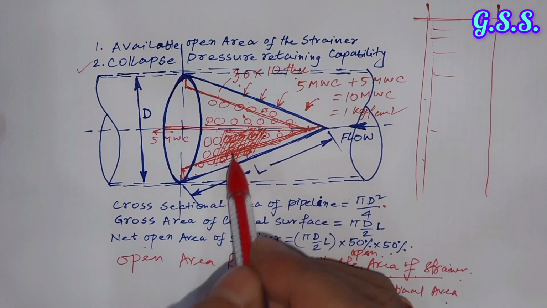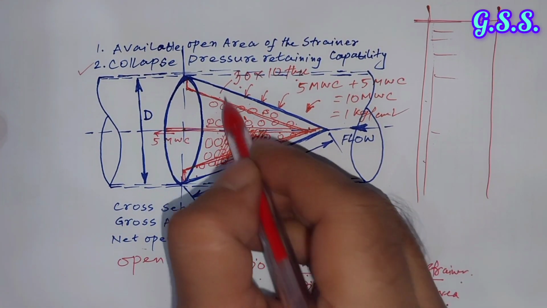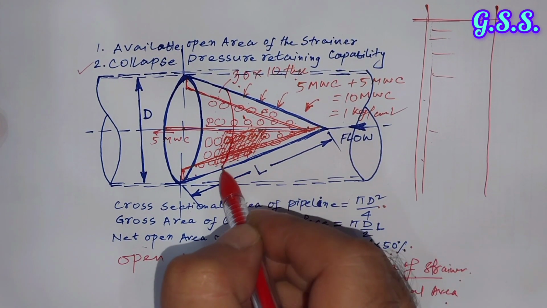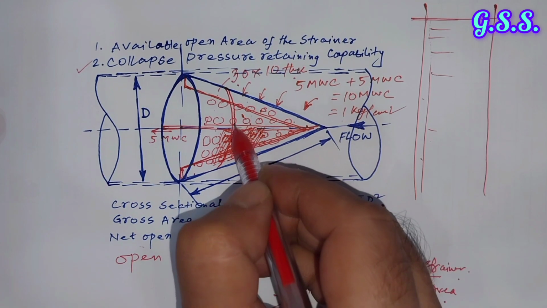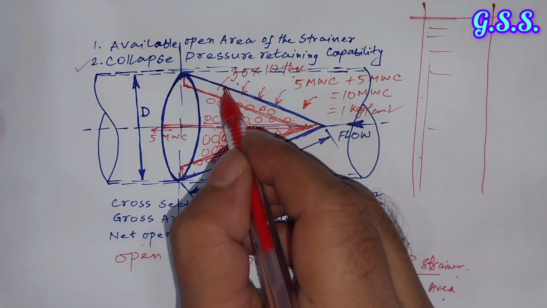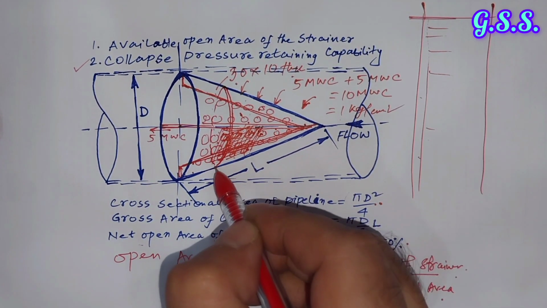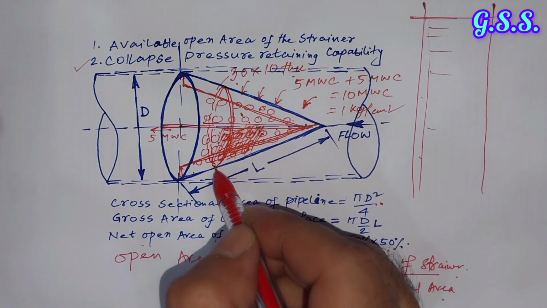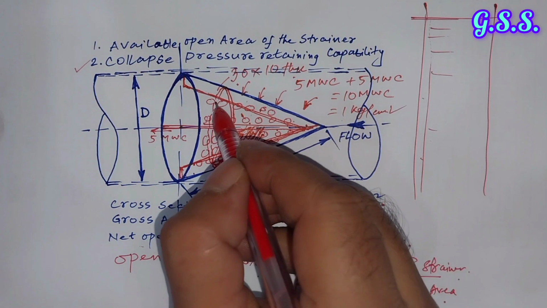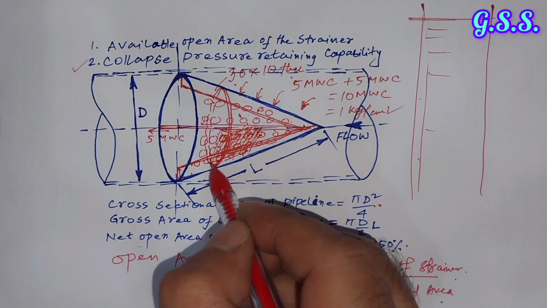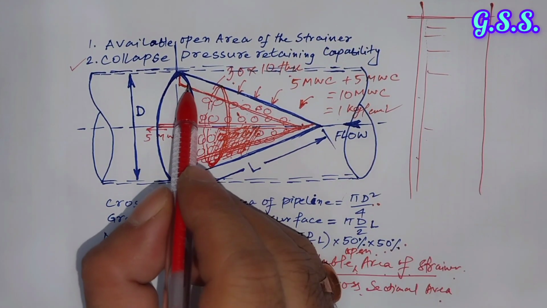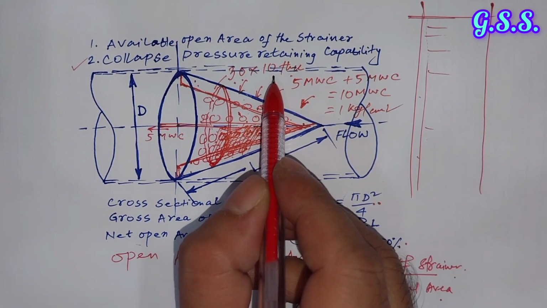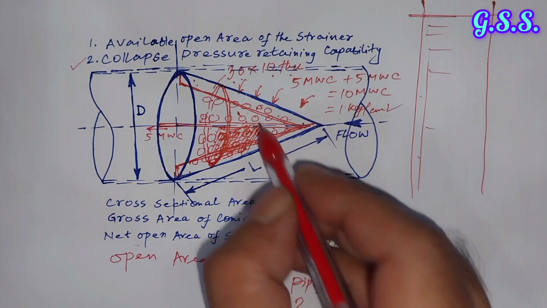And for retaining the stiffener flats, we are providing one or two stiffener rings inside the strainer like this. This stiffener ring is of 12 mm to 16 mm stainless steel rod, and this stiffener flat is of 30 mm wide by 10 thick SS flat.